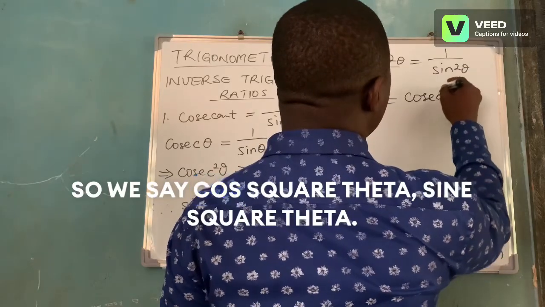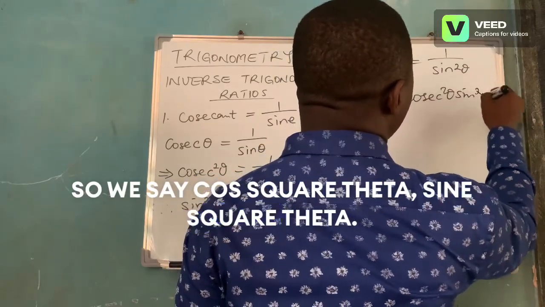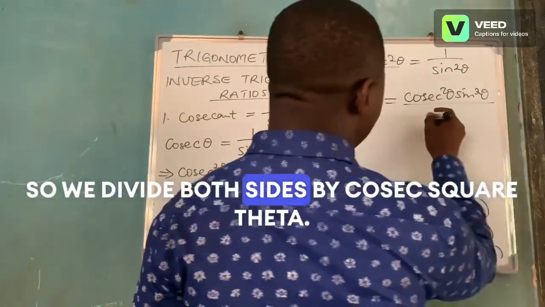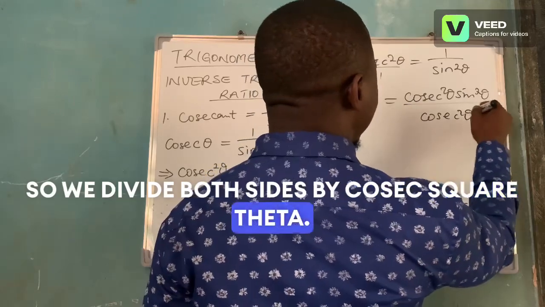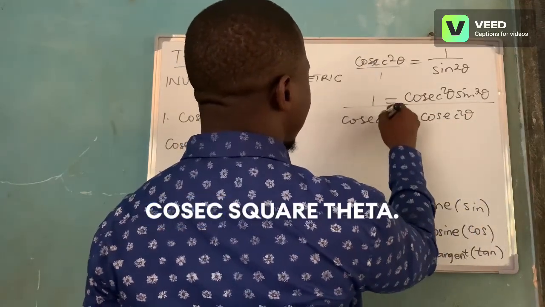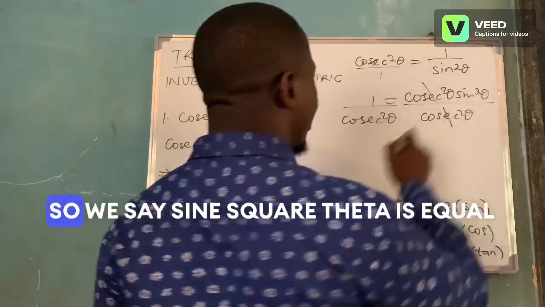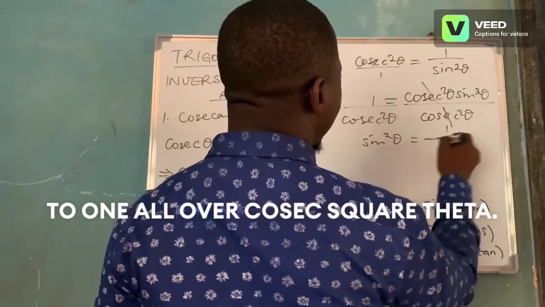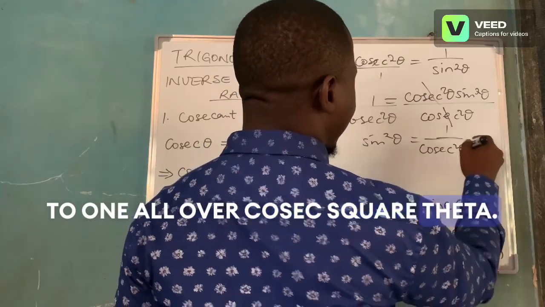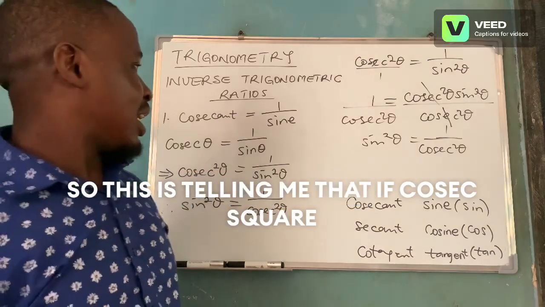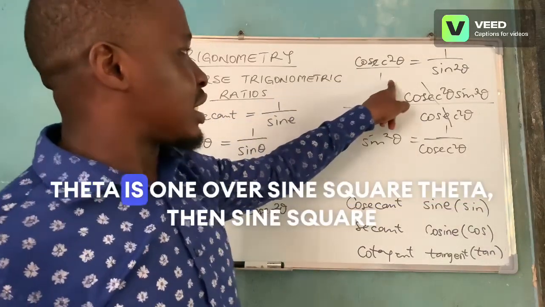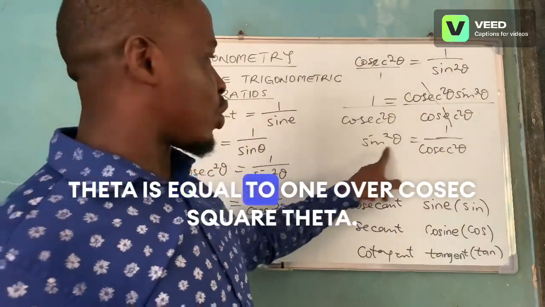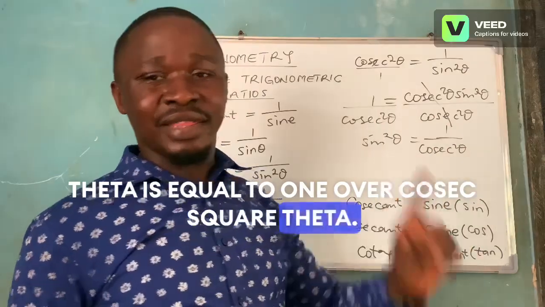So we say cosec square theta times sine square theta equals 1. But we want to make sine square theta the subject. So we divide both sides by cosec square theta. This goes with this. So we say sine square theta is equal to 1 all over cosec square theta. So this is telling me that if cosec square theta is 1 over sine square theta, then sine square theta is equal to 1 over cosec square theta.